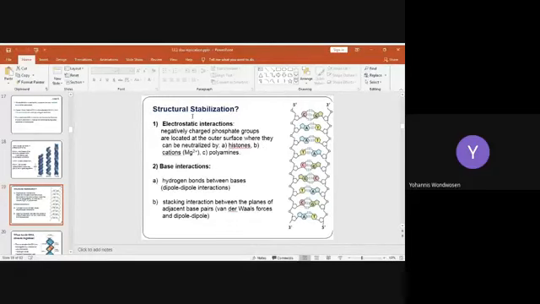When you see structural stabilization of the double strand of the DNA, electrostatic interactions are also there. The negatively charged phosphate groups are located at the outer surface of the strand, where they can be neutralized by the histones and cations.